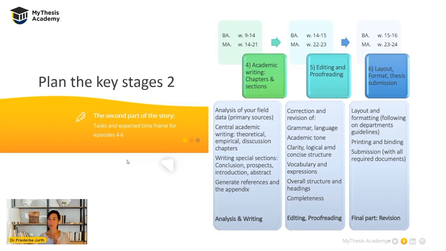What goes into the calculation of the editing and the proofreading? I already provided some tips and some advice, like how you can start to calculate the time that you need for proofreading or for the correction.